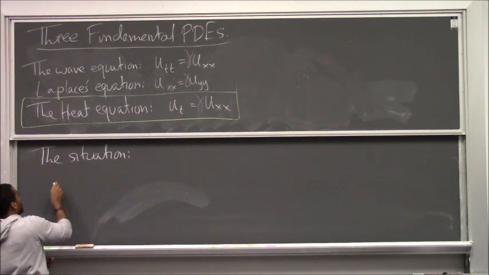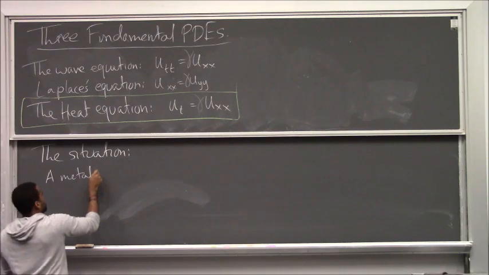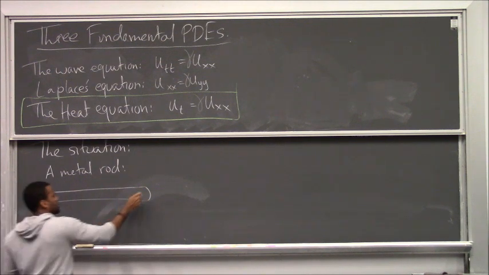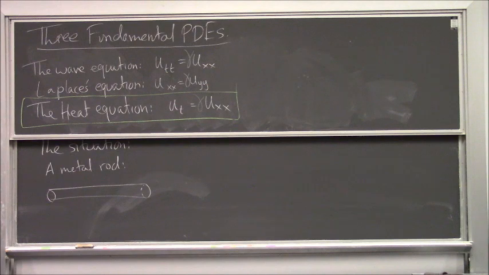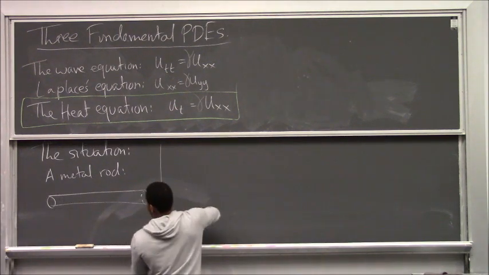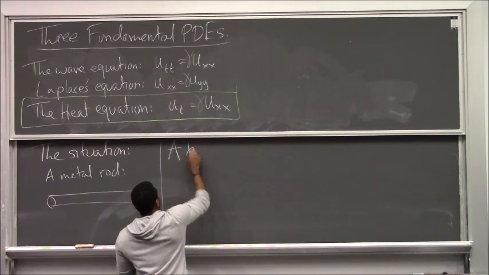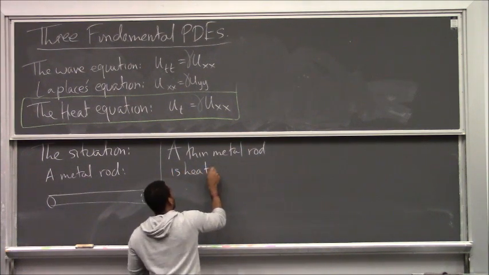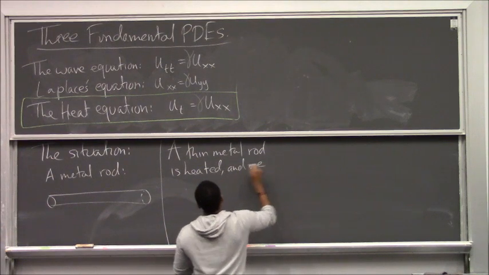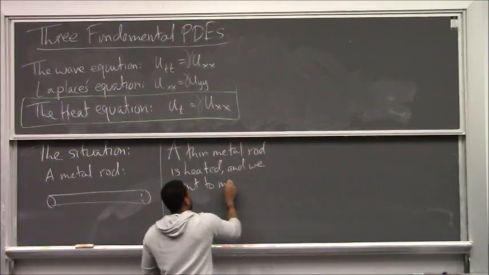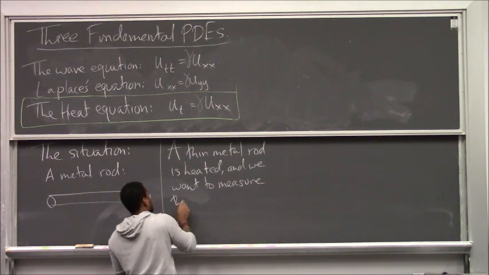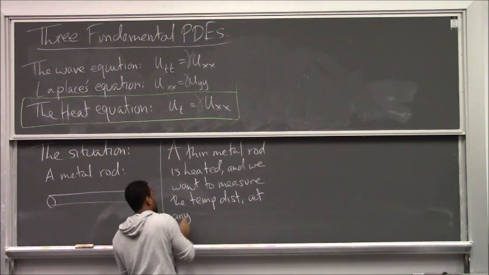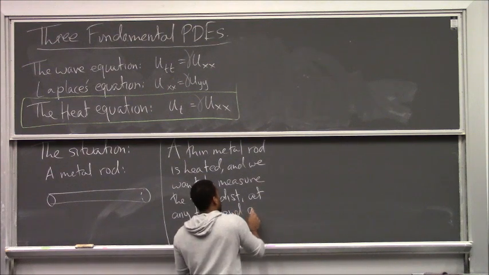Let's say we have a metal rod. Right? Let's say it has length L. So a thin metal rod is heated, and we want to measure the temperature distribution at any time and any position.